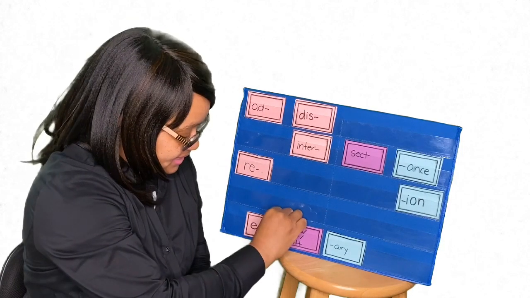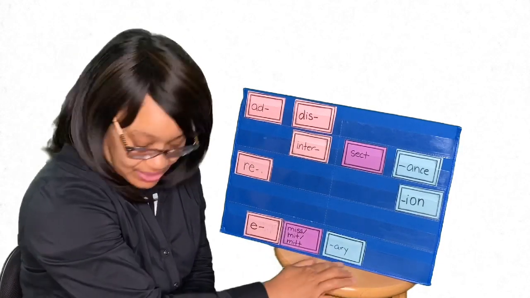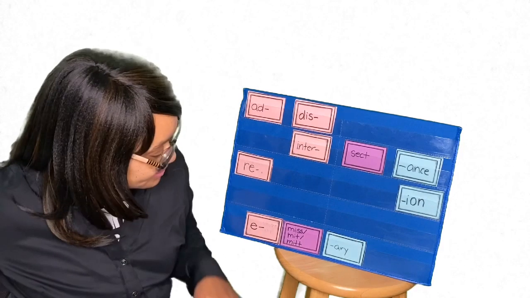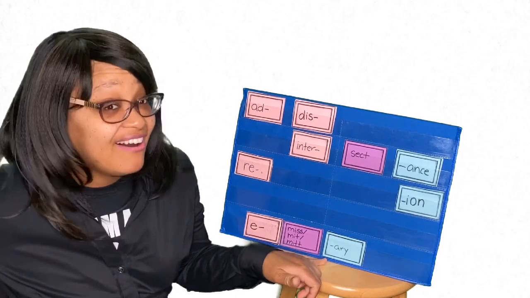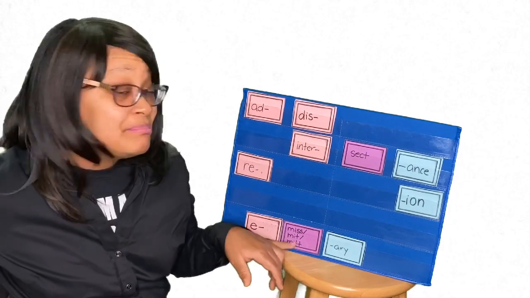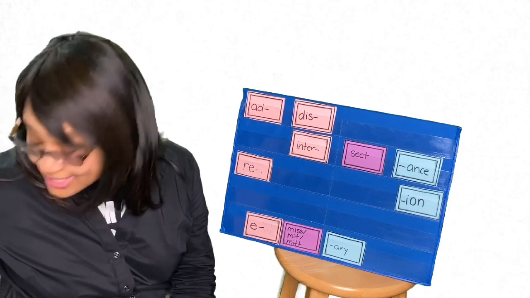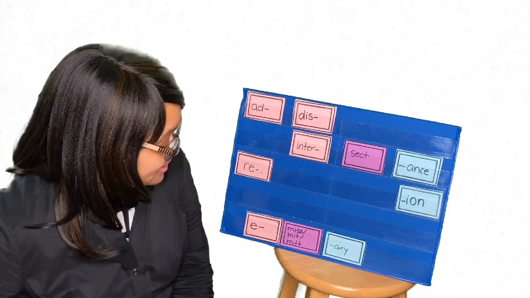So we need our E. Emissionary. So they have it here as emissary. They pronounce it emissary. I said it wrong. Emissary. And that is a representative of a country or group sent on a mission.